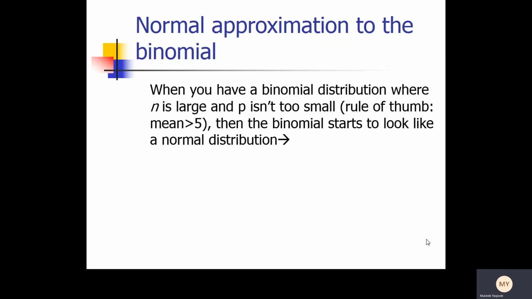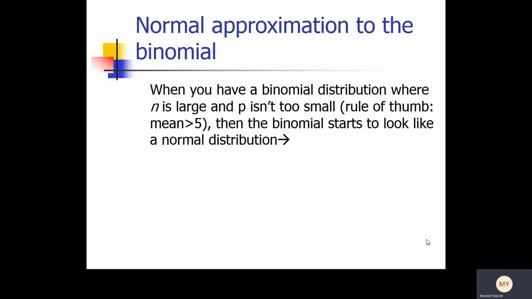But I should say that internationally, there are two criteria that are to be met before applying this approximation. Number one, np, that is the product of number of trials and probability of success, must be greater than 5, as written in this slide.